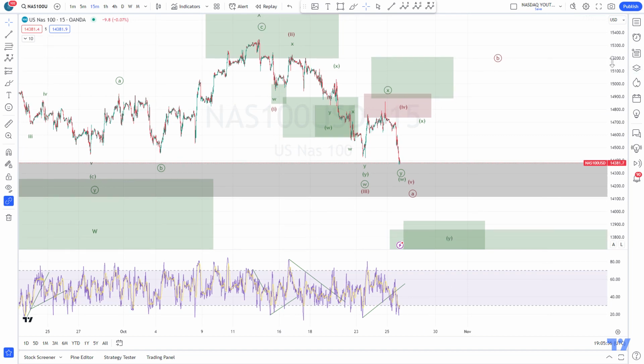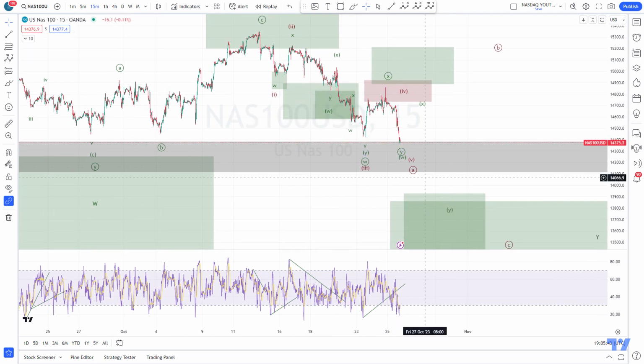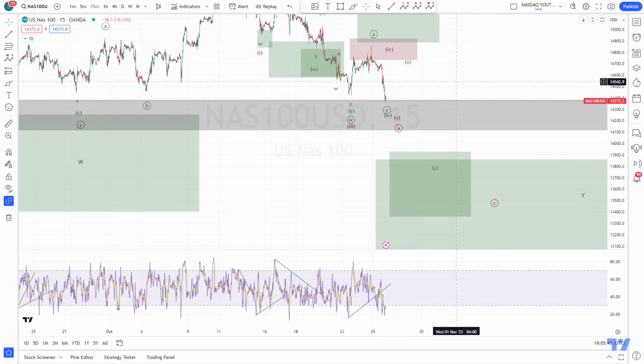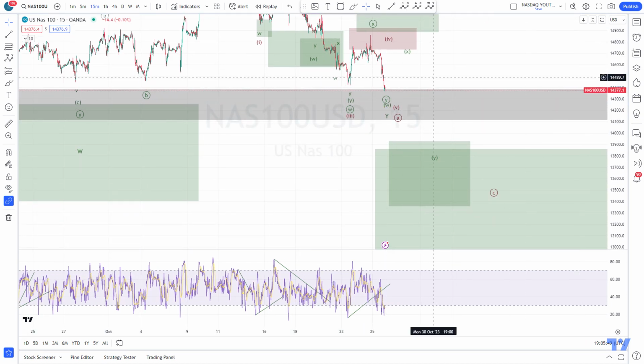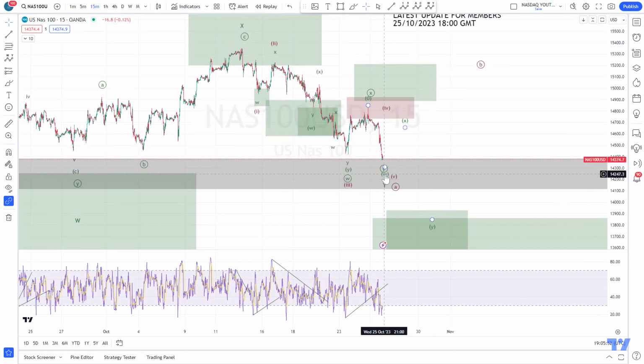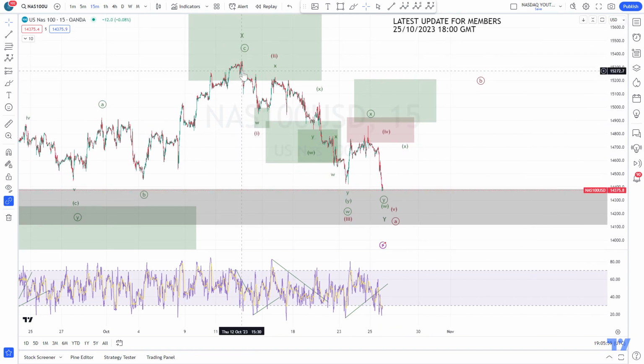So then from here we have WXY with the Y right here, which then actually means the Y is in right here, the Y in the higher degree. It looks very ugly, this structure, and it also does not look really proportional, but I think it's important to be prepared.